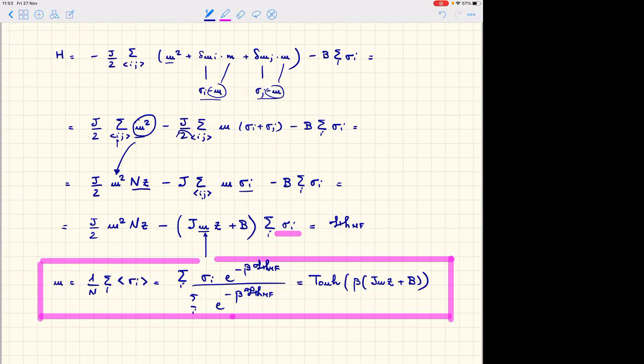So I have to determine the average magnetization using the mean field Hamiltonian in which the average magnetization appears as a parameter, and I obtain this self-consistency condition. So all m's that satisfy this equation are solutions to my mean field theory. Okay?